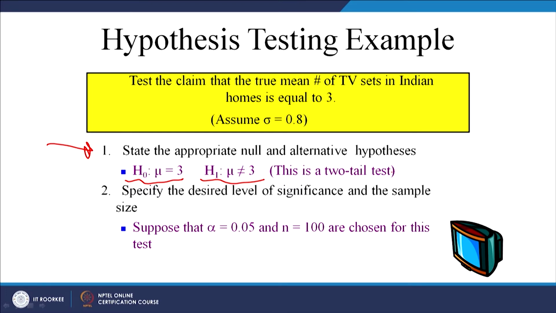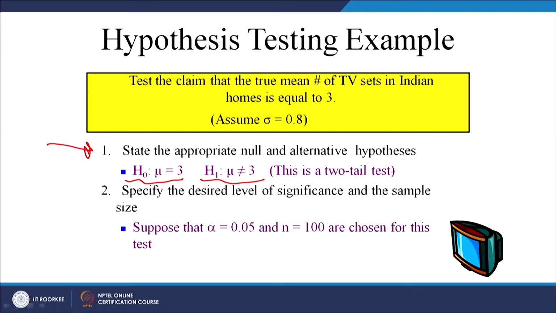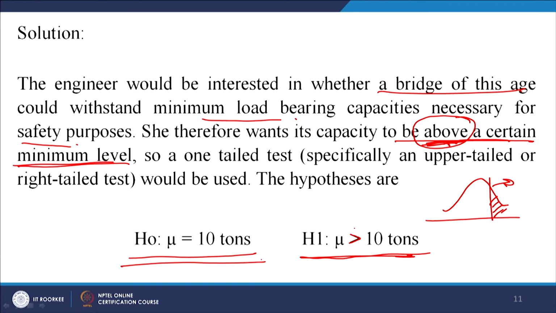How do we decide whether to use a two-tail test or a one-tail test? The sign of the alternative hypothesis decides. For example, this is a greater than type of alternative hypothesis, so you are using an upper tail test. If in some other example the alternative hypothesis is like this, then it is a lower tail test or left tail test.